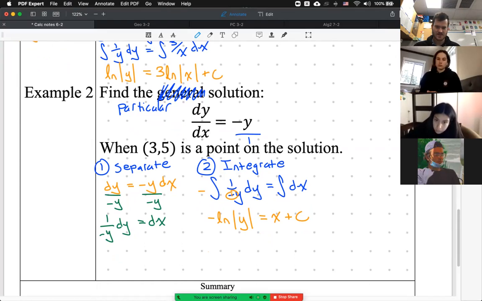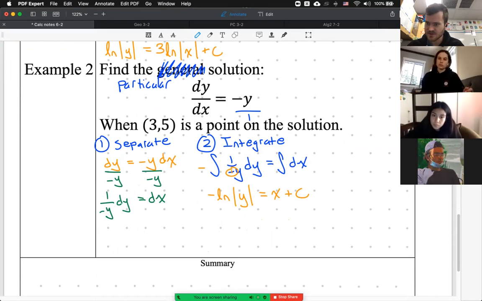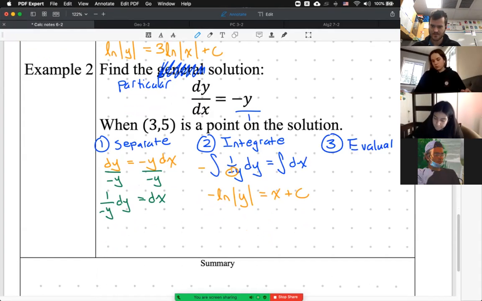Nice. All right. Chris has integrated both sides, and we'll give it to Andrea. Do step 3 for us. What is step 3? Evaluate. Yep. Negative natural log of 5 equals 3 plus c.